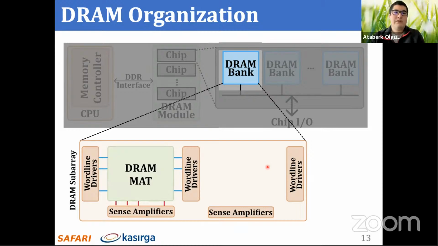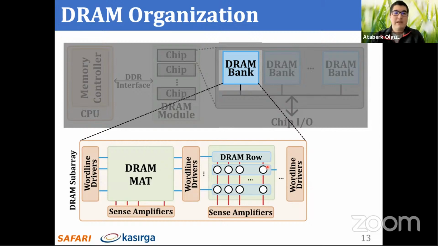Subarrays are further partitioned into DRAM mats, which are essentially collections of DRAM cells, and these are separated from each other by word line drivers. Within a DRAM mat, DRAM cells are laid out onto a two-dimensional array of word lines and bit lines. A row of DRAM cells is essentially a DRAM row.